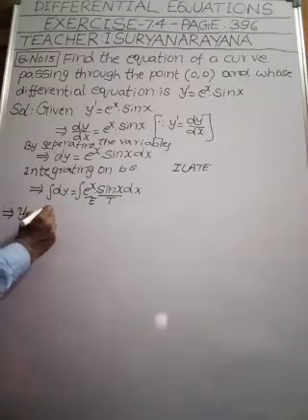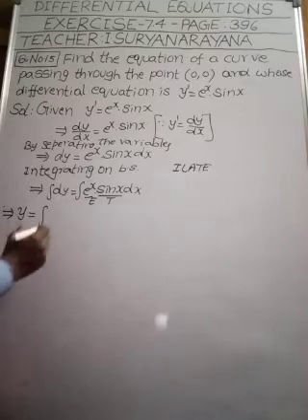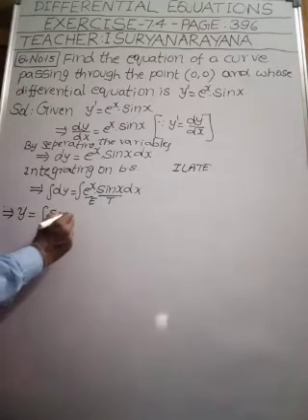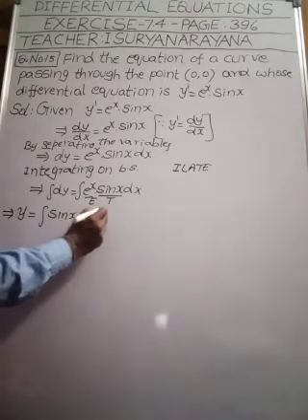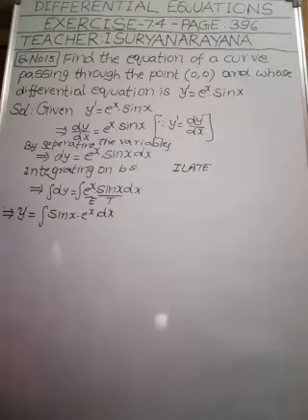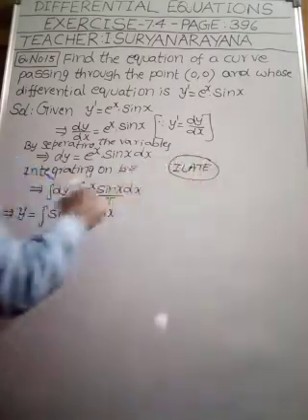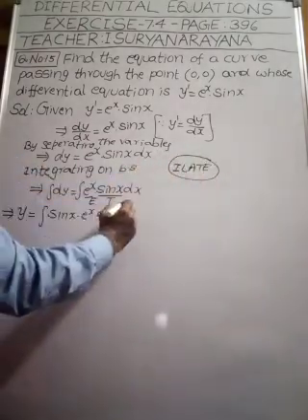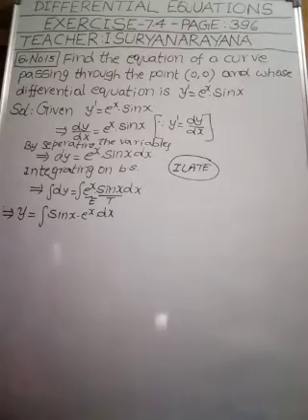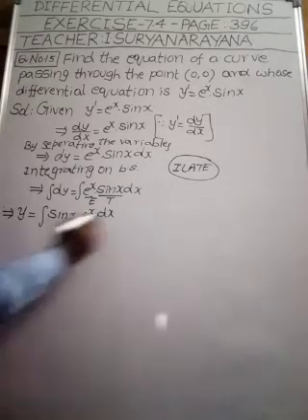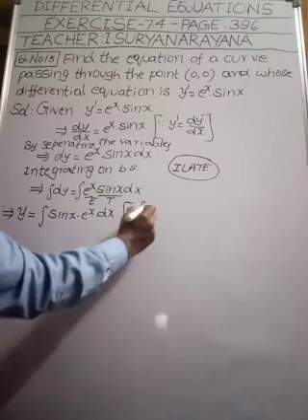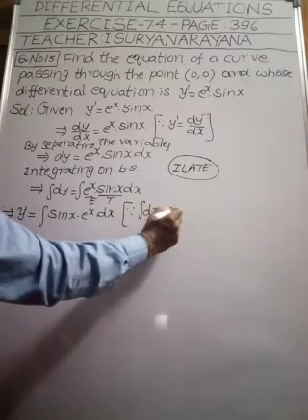So let us rearrange these functions: integral sin x into e power x dx. Then it is easy to integrate this function. That is why we arrange the functions in this order only. Understood this point, my children? On the LHS, integral dx is equal to x.